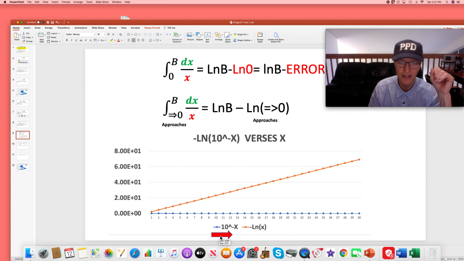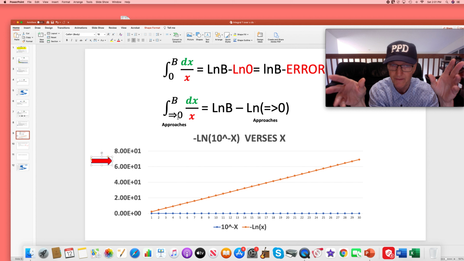Notice I have minus ln x here because I want to show how to use this. The value goes up not even to 80, it's like 70. So it does increase the value of the integral dx over x as the starting point approaches zero more and more closely. It increases because it's a negative of a negative.